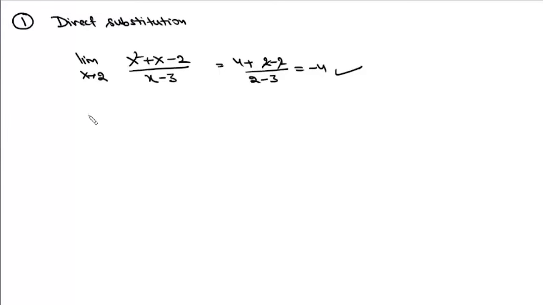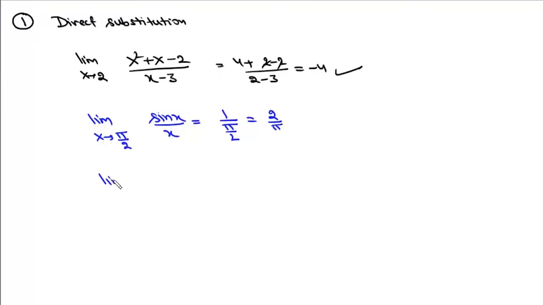Or if we consider this case, which is limit x tends to pi by 2 sine x upon x. Now sine pi by 2 is 1 and x is pi by 2. So the value of this limit is 2 upon pi.